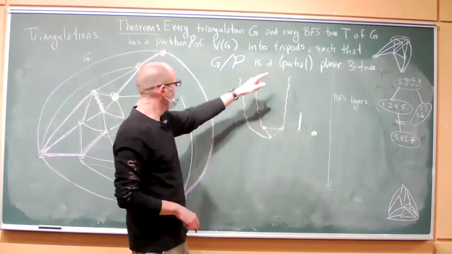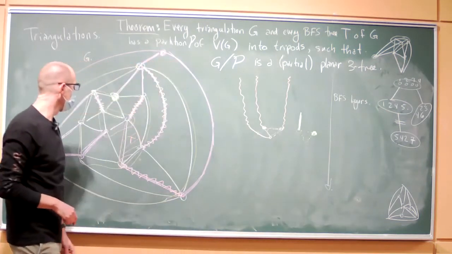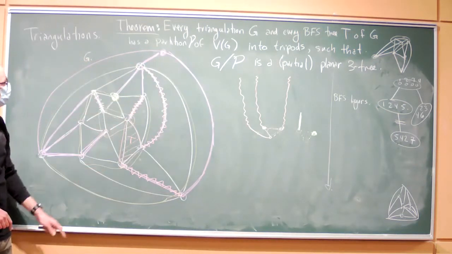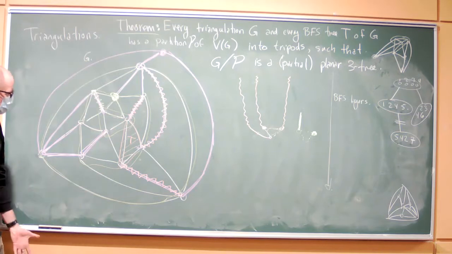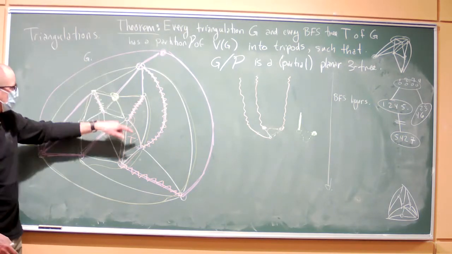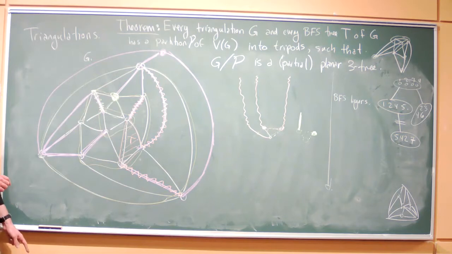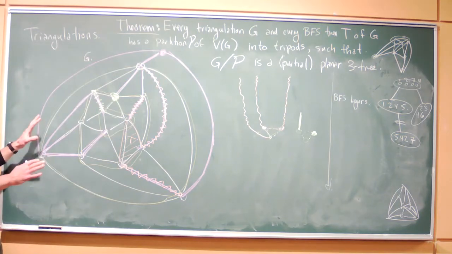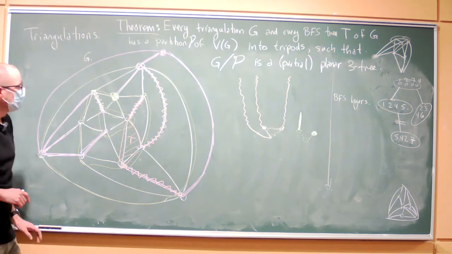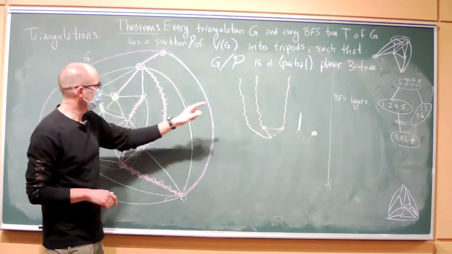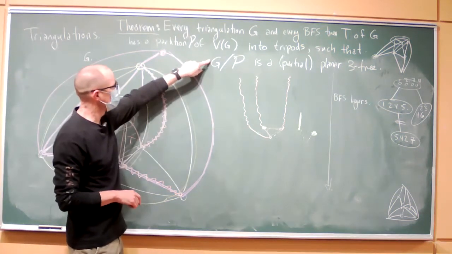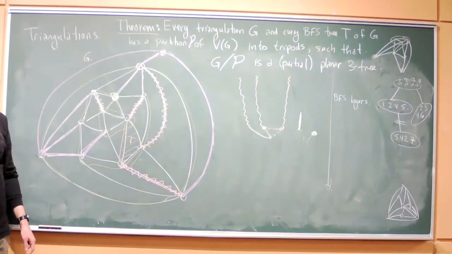So each of the parts of the partition is a tripod, like I've drawn here. So I'll draw a whole bunch of tripods on this thing. They're all disjoint, so no two tripods share a vertex. But together they cover all the vertices of G. And then the theorem says that this quotient graph ends up being a planar 3 tree.